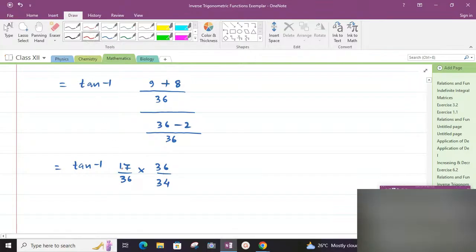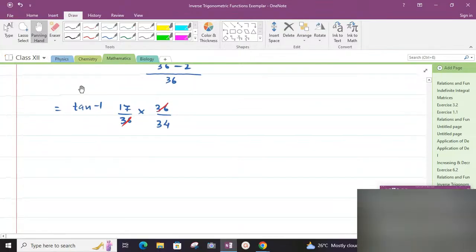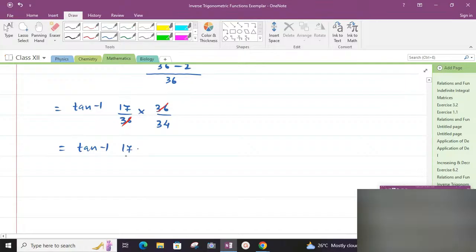So we cancel out 36 and 36, and we get the next step, equal to tan inverse 17 by 34. So we convert this tan inverse into sin inverse.